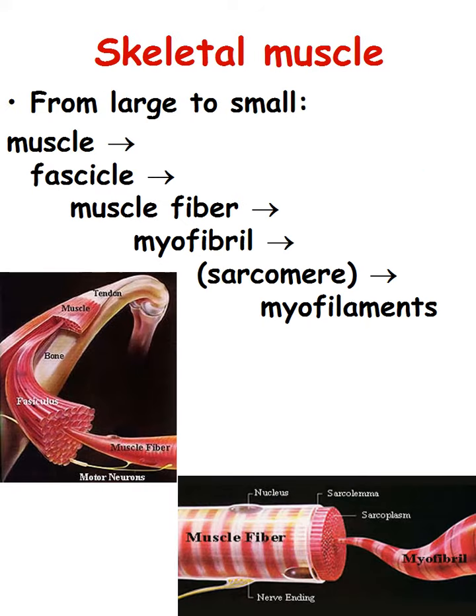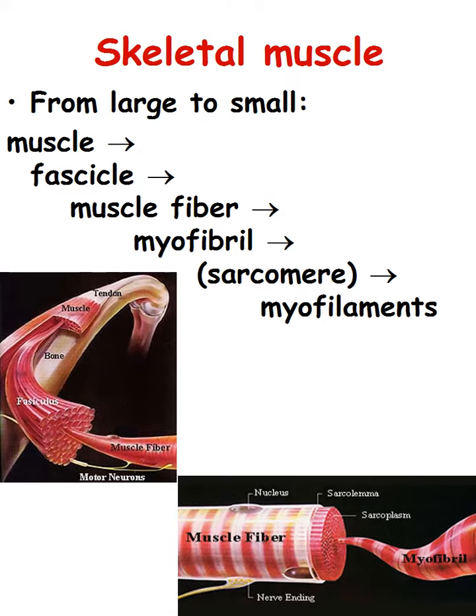So again, with our skeletal muscle for macroscopic anatomy, from large to small, we have our muscle, and so these are composed of multiple fascicles, which will have the epimysium covering the muscle. Then we have our fascicles, which are going to be composed of muscle fibers, and these will be surrounded by the perimysium.